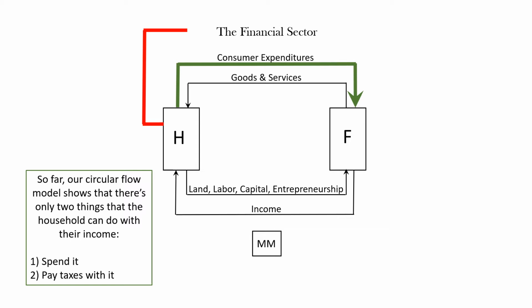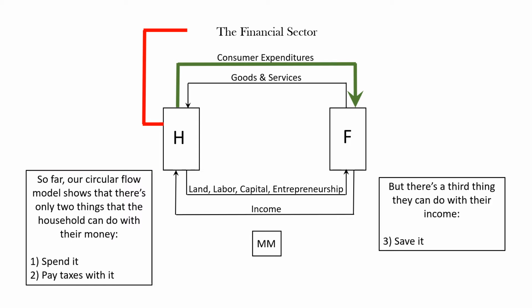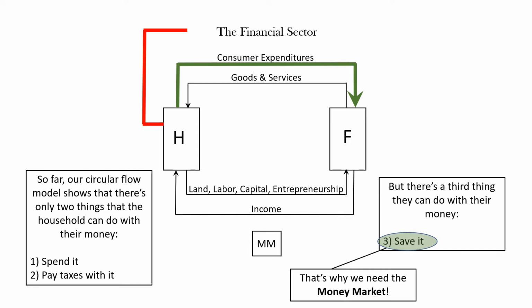This flow, highlighted in red, you may recall, represents taxes flowing from the household to the government. But there's a third thing that the household can do with their income. They can save it. And that's why we need a money market in our circular flow diagram to show where the savings go.